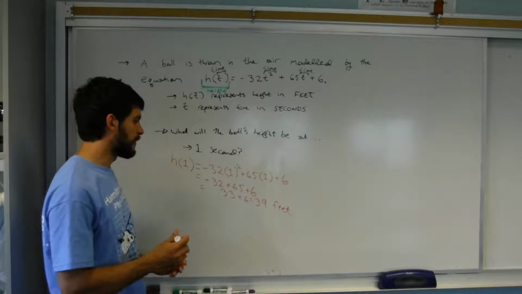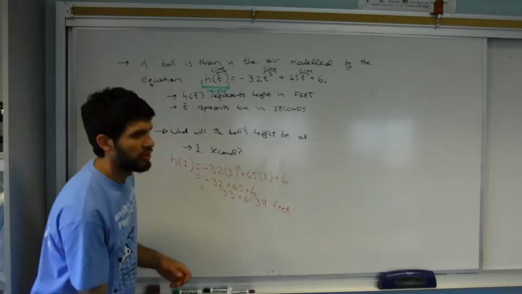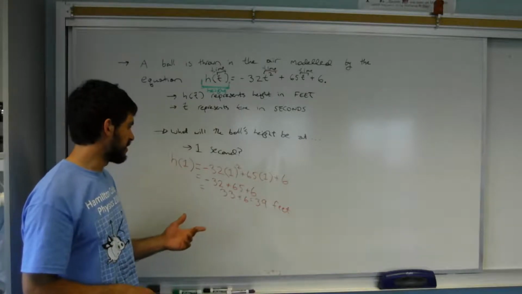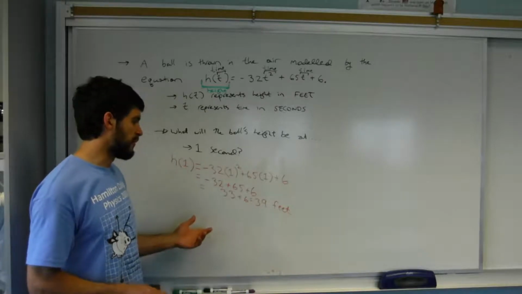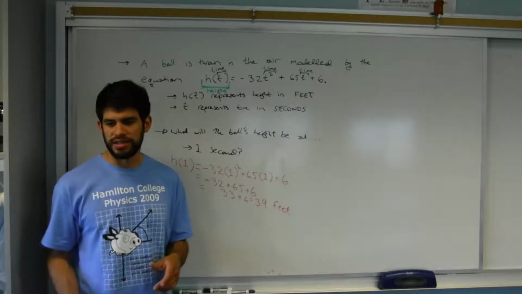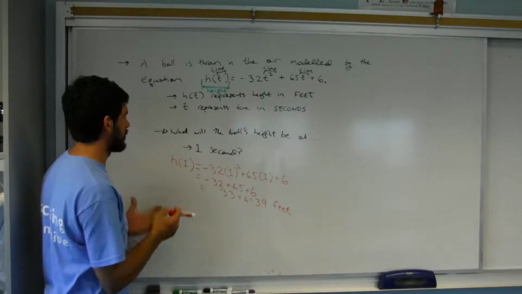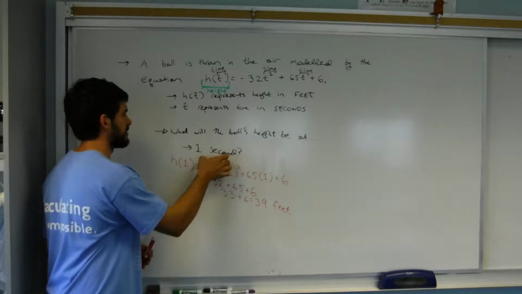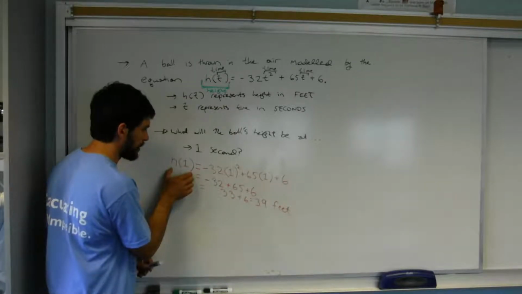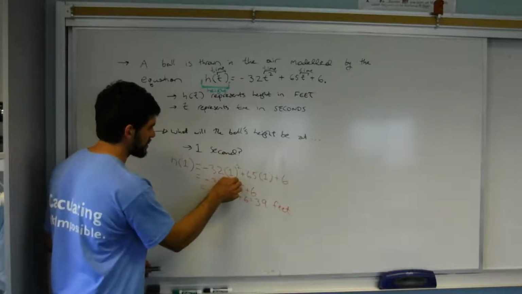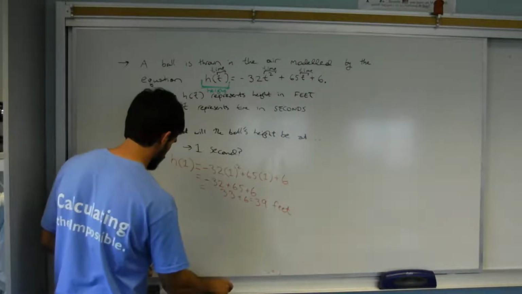So we know for a fact that given this equation, if we throw this ball in the air, after 1 second it's going to be 39 feet in the air. That's about 4 stories high, so about 40 feet. And that is how you would solve this question if you're given the time. Note that we're solving for h of 1, and we're simply substituting 1 in for each t and seeing what our answer is going to be.